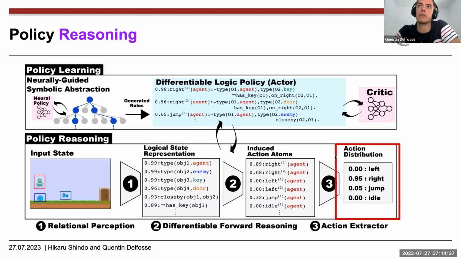Because we have something that is differentiable, if you didn't generate infinitely many rules, you would learn that stupid, non-optimal rules get a very low weight, and the optimal rules that lead to the optimal policy get a high weight.